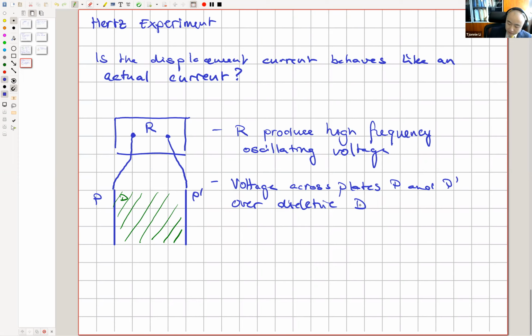So what we're basically producing is a changing electric field in this dielectric.